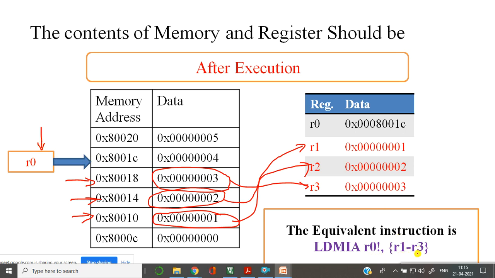Since I am using only R1 to R3, the registers will get the data from location 80010 to 80018. Since I am using the write back option, 1C is getting updated. If I don't use this, the base address remains the same. So that's what we call the LDMIA instruction.